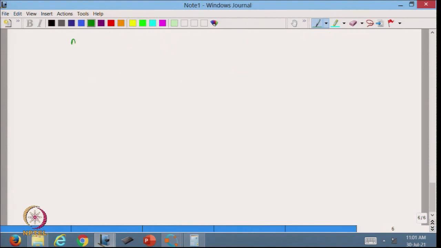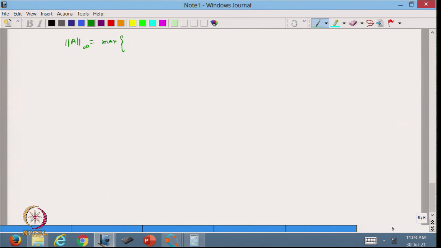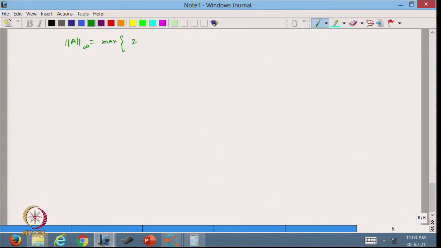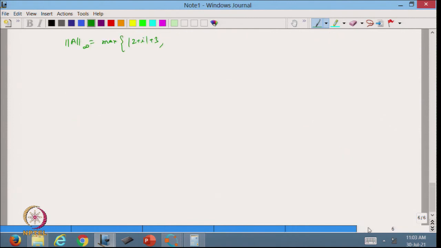Similarly, we can define the infinity norm. One norm is there, now I am taking the infinity norm. It is the maximum of the row sum. So, the first row is 2 plus i, 3, and the second row is minus 2, 1 minus i.